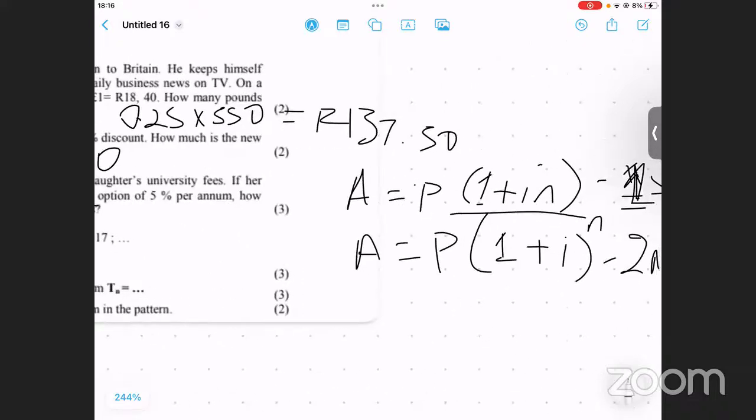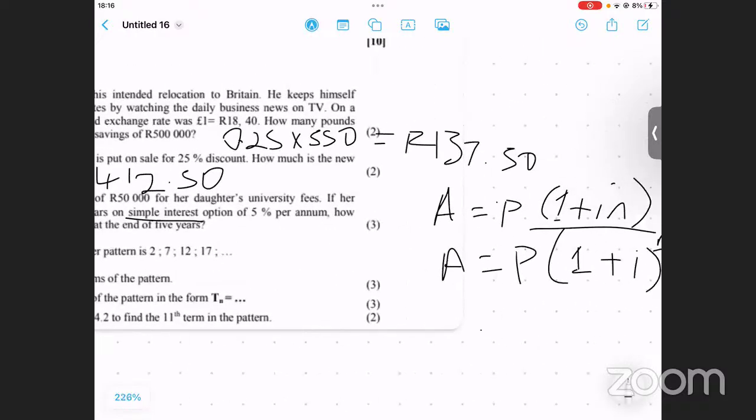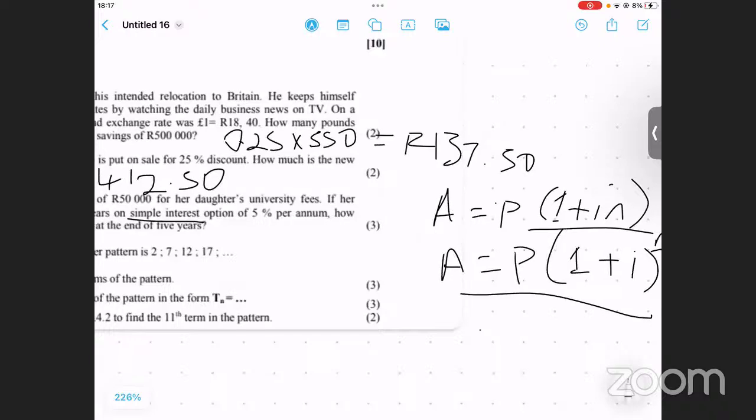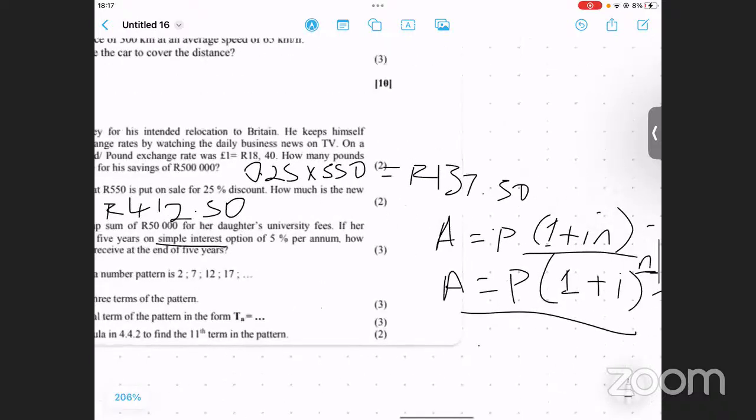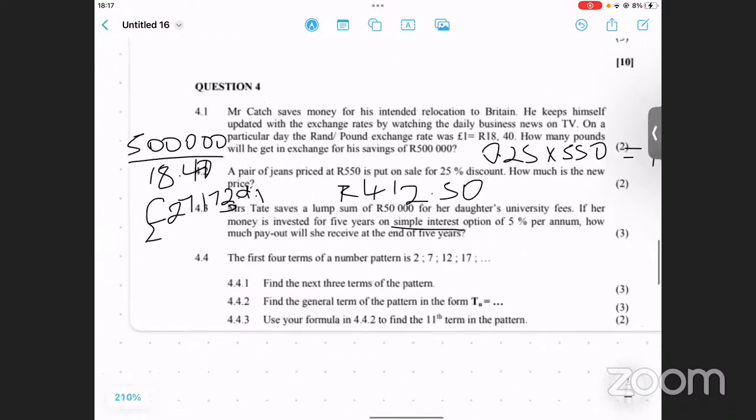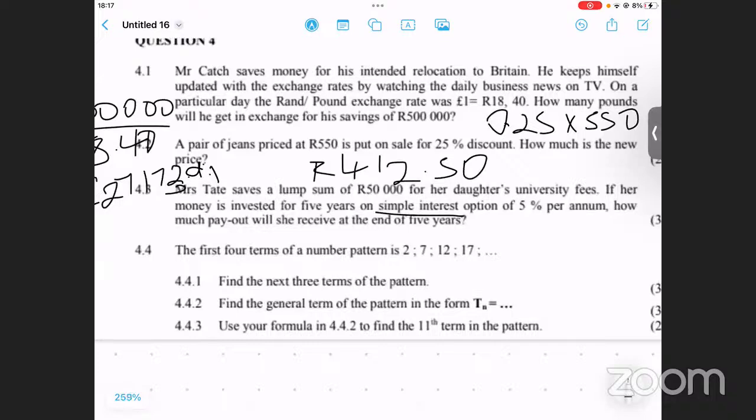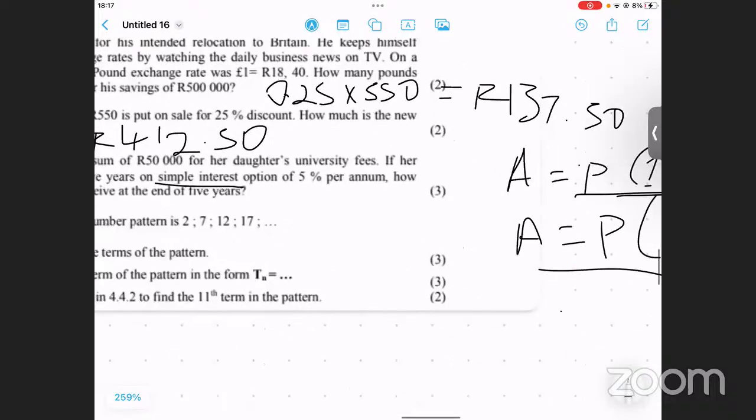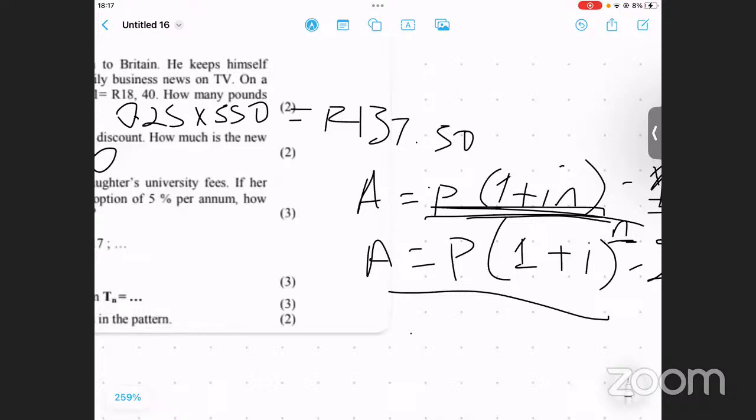And once you see N up there, it's for compound, when they say compounded annually, semi-annually, quarterly, and all of that. If it's simple, everything is down here. There's no exponent whatsoever. When they say simple interest, you use this one, and when they say compound, you use this one that has N up there.